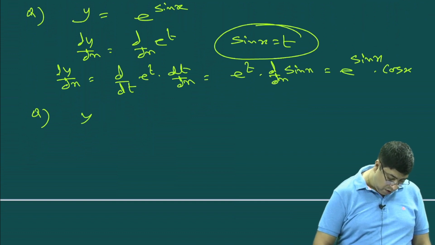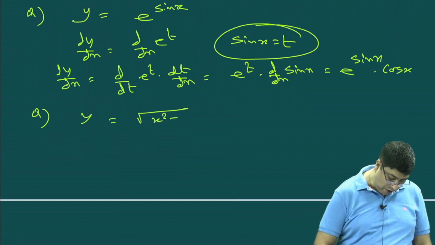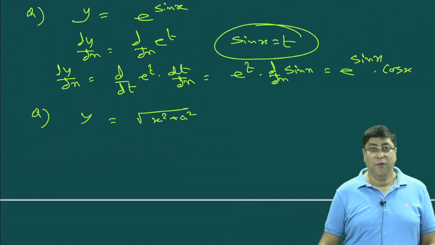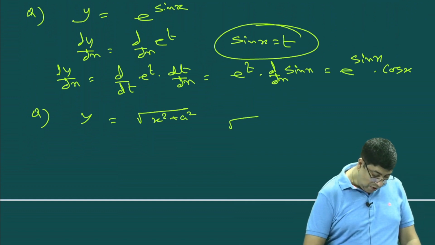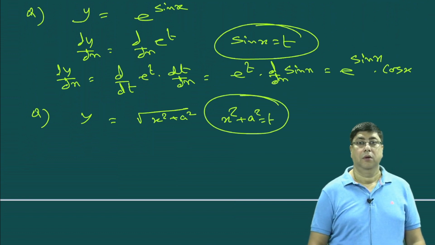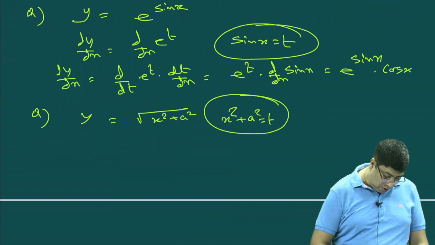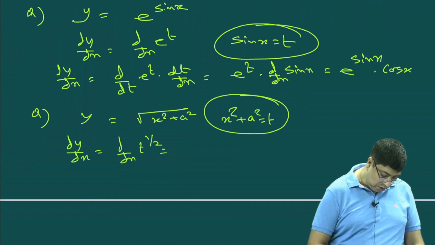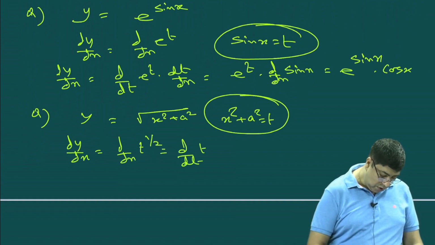One more example, y equals root over x square plus a square. So what to take as t? Obviously it has been clear for you. So we can take x square plus a square. We have to take anything as t whose derivative we can get from fundamental differentiation. So we can apply d dx of t to the power half. So d dt of t to the power half into dt dx.